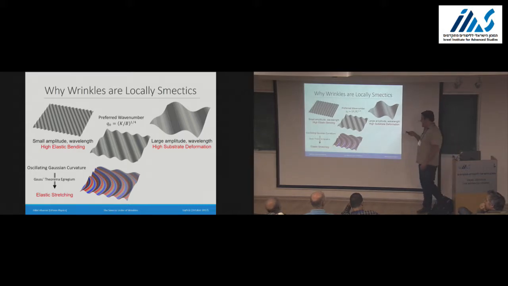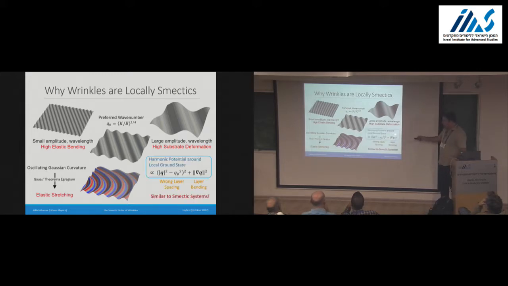Okay, now when I take these contributions, there is this contribution from elastic bending and from the substrate deformation, which penalizes having the wrong layer spacing. And I have this contribution from elastic stretching, which penalizes curvature of wrinkles.